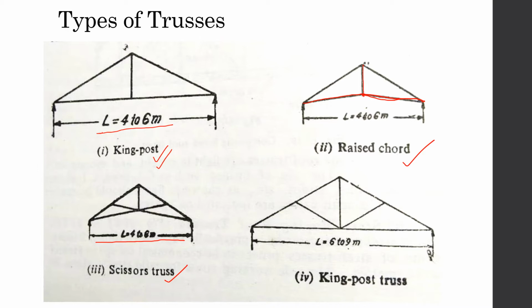And then the king post truss. King post truss, the difference between king post and king post truss for 6 to 9 meters and 4 to 6 meters is that in 4 to 6 meters there's just one vertical component, and in span from 6 to 9 meters there are intermediate members, the struts, since the length or the span is increasing.